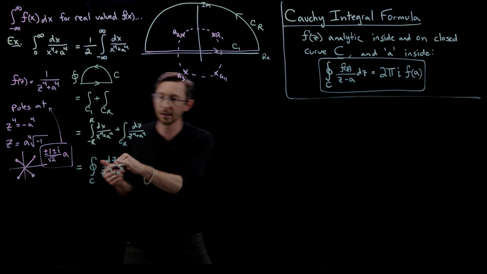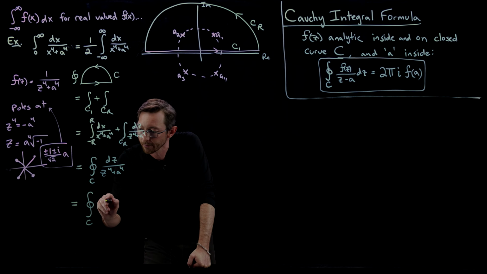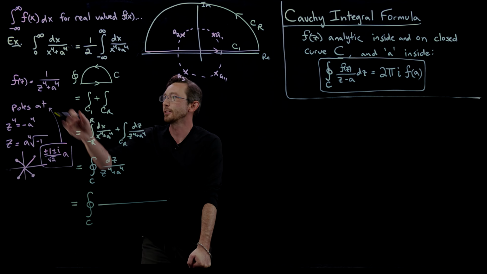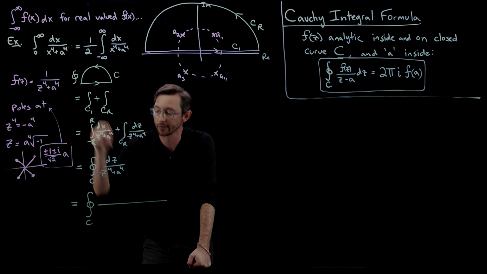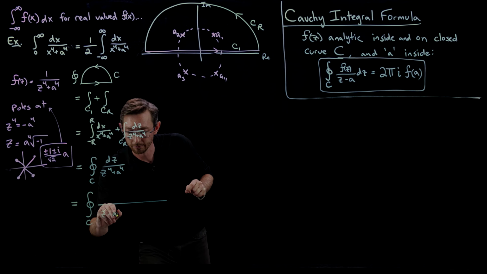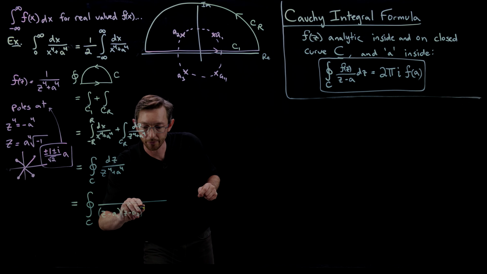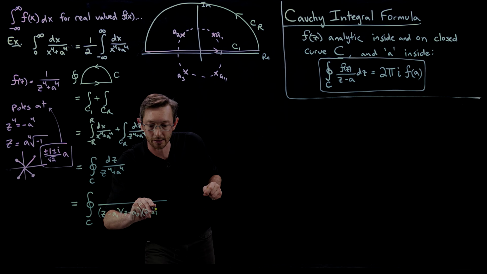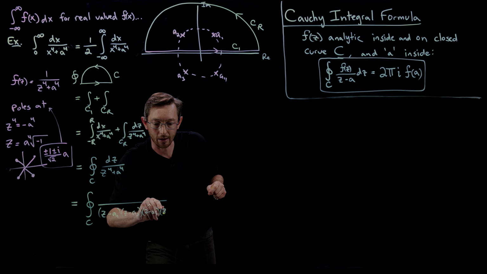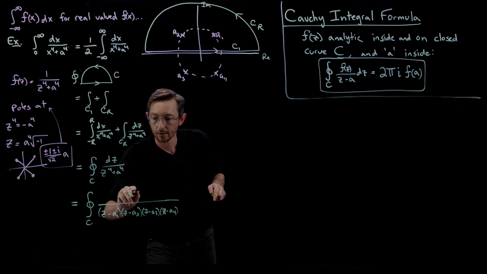I think the key property here is that this is equal to the integral around this closed contour, and I can factor z to the fourth plus a to the fourth. This is z minus a1 times z minus a2 times z minus a3 times z minus a4, dz.